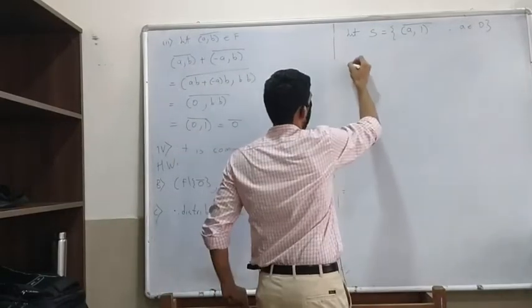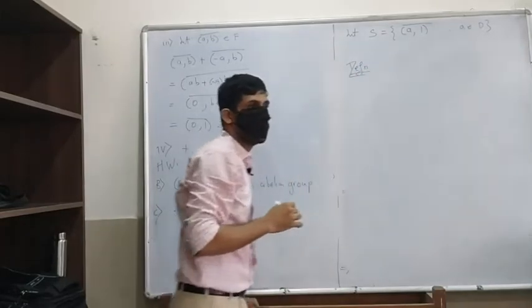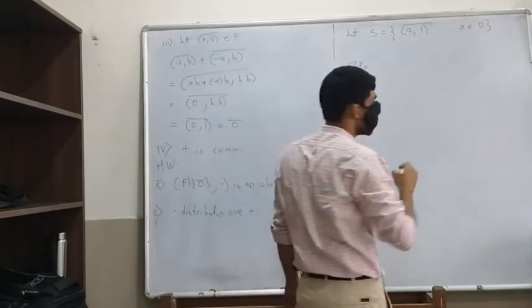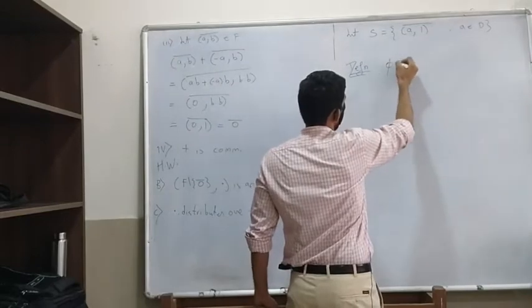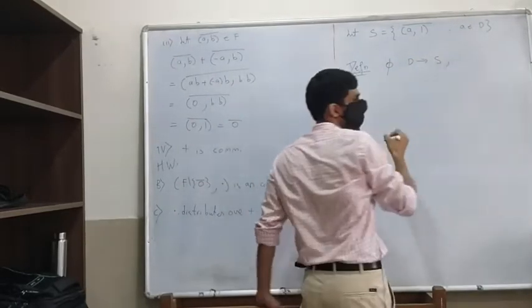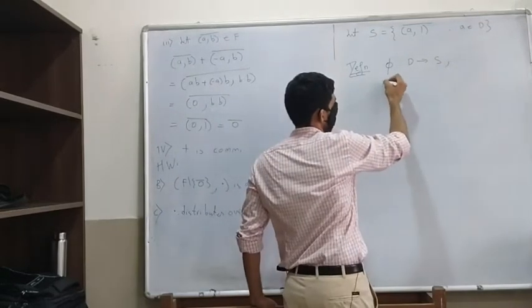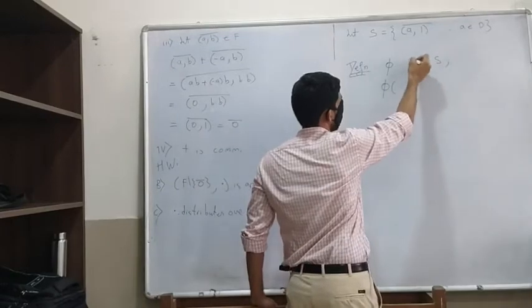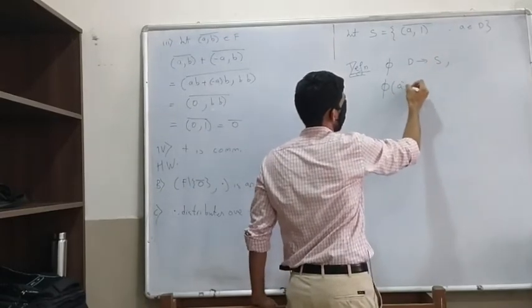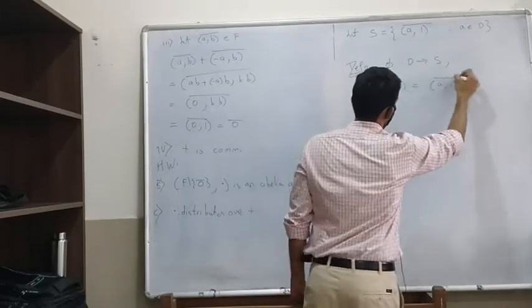But I want to define now the isomorphism from D to S. Define phi from D to S. Can anyone tell me what the isomorphism is? Phi of any element A in D, where will I take it? (A, 1) bar.